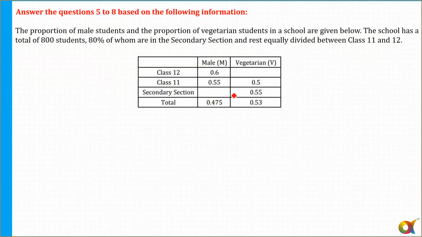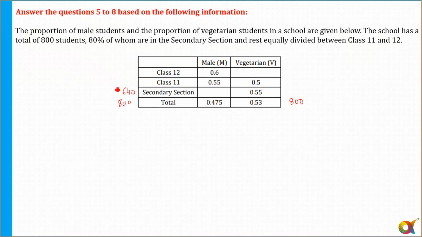So the total number of students is 800. So how many of them, 80%, are in the secondary section? Can you guys tell me the number of students in the secondary section now? That is 640 students in the secondary section.